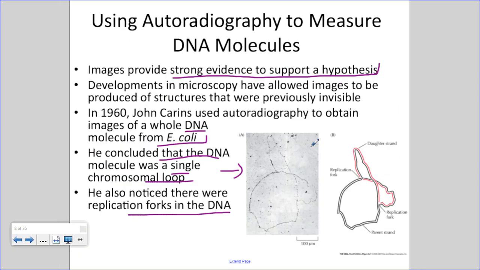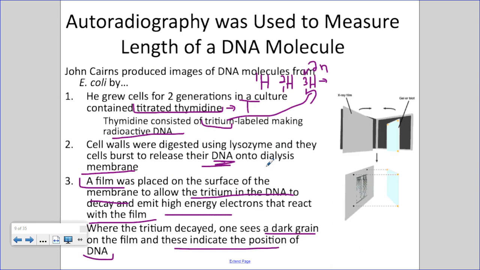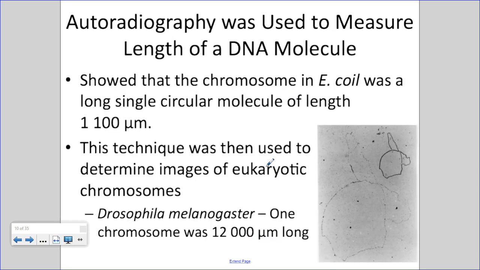So what you're seeing on this image with these little black spots are areas where thymidine exists within the DNA and where radiation was given off and made contact with the film. What this told Cairns is that the DNA is found in a loop. As I mentioned, it showed that the chromosome in E. coli was a long singular molecule about 1100 micrometers in length.